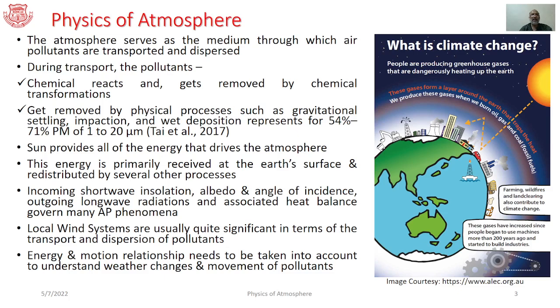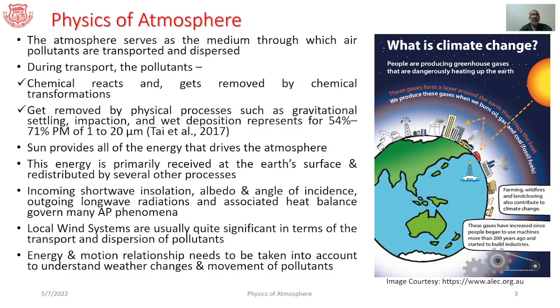Certain study conducted by Tai et al. in 2017 states that the wet deposition represents for 54 to 71% of the particulate matter having the size range of 1 to 20 micron.